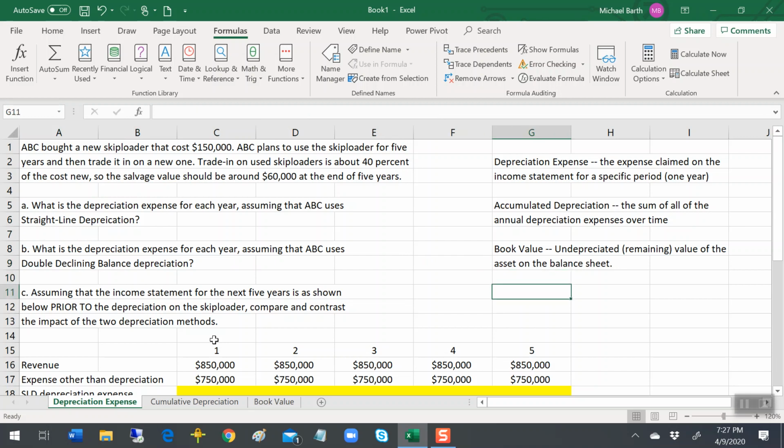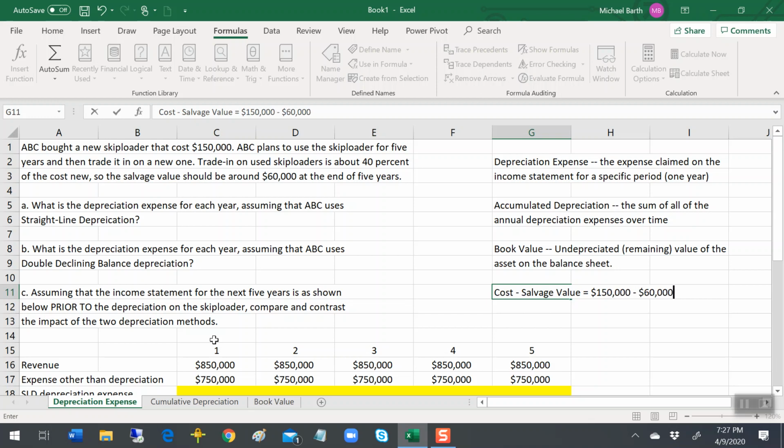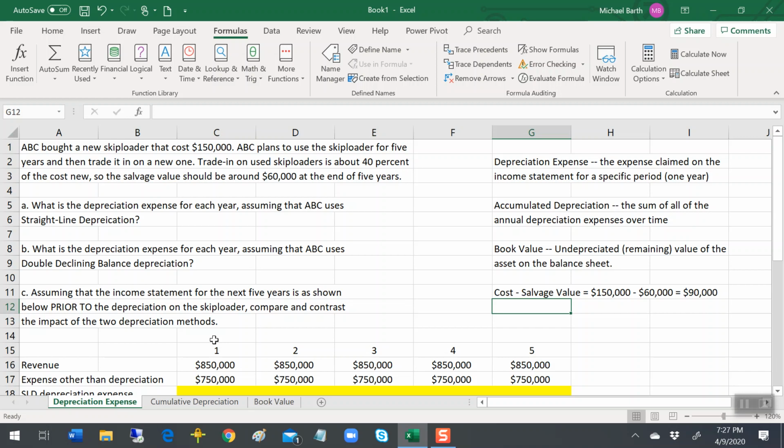You just take the total amount of depreciation you're going to take, and that is cost minus salvage value, which would be $150,000 cost minus the $60,000 salvage value. You're going to take $90,000 of depreciation.